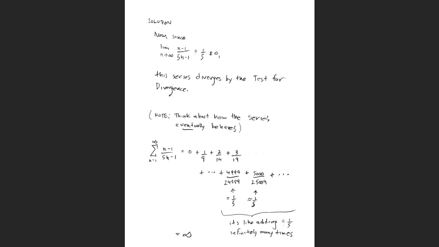If we have the limit as n approaches infinity of (n minus 1) over (5n minus 1), well, we can multiply the numerator and denominator by 1 over n.